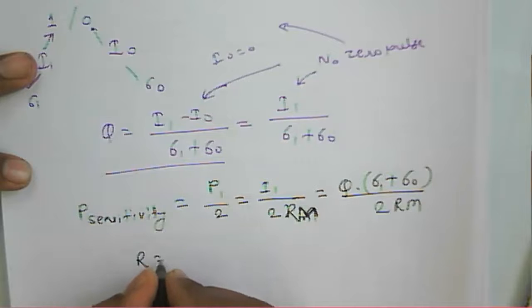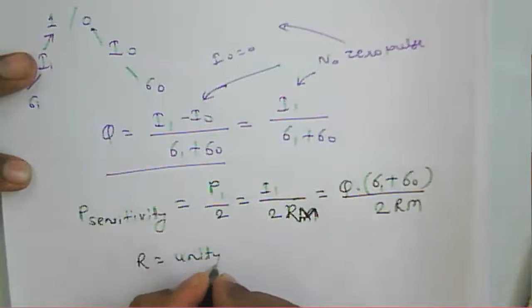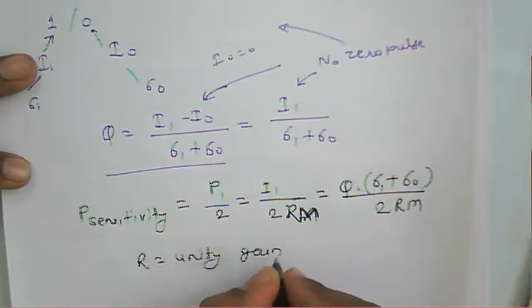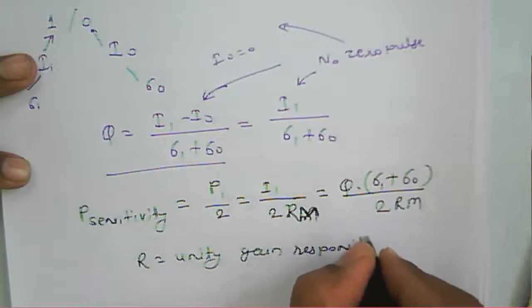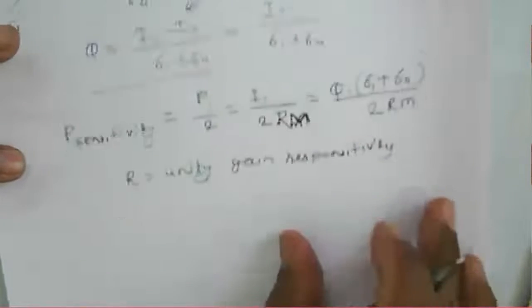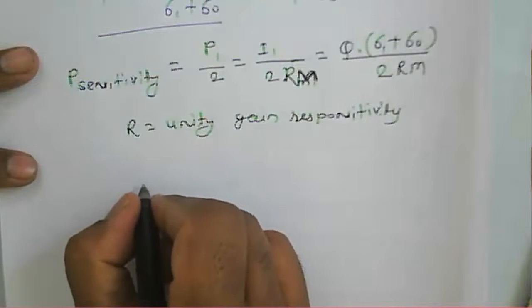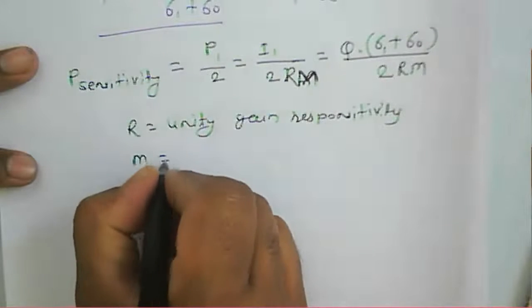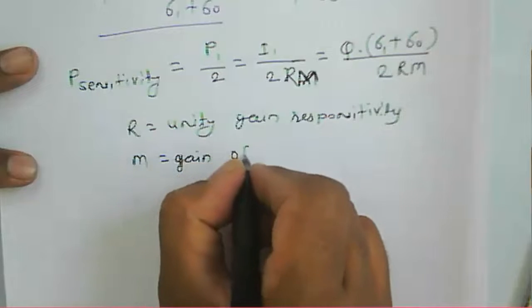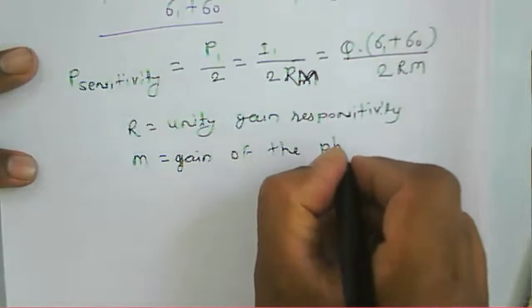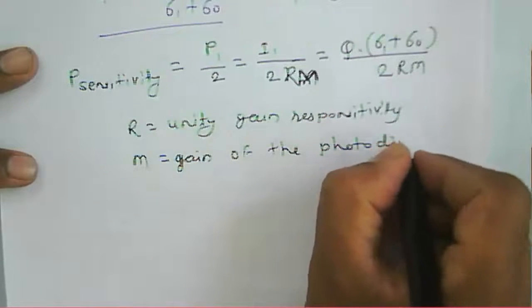And this R is nothing but the unity gain responsivity, and this M is equal to the gain of the photodiode.